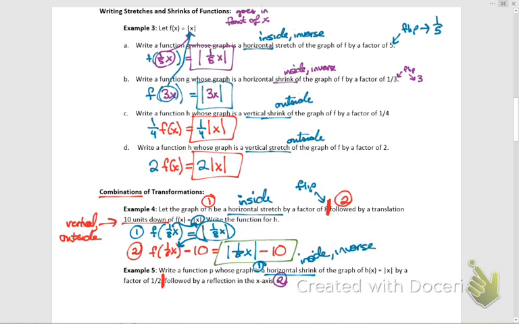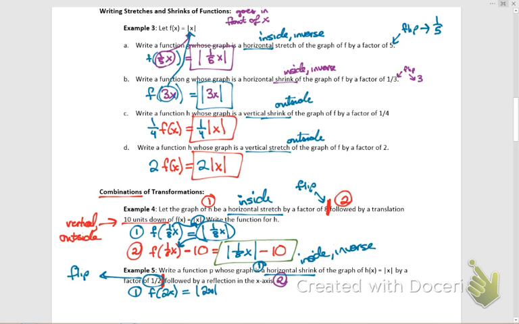So let's look for the number by a factor of 1/2. So that 1/2, that's what we're flipping. Okay, and it's going to go inside. So for step 1, the 1/2 goes inside, but we flip it, so it'll be f of 2x. And that's the absolute value of x, so it's just the absolute value of 2x.